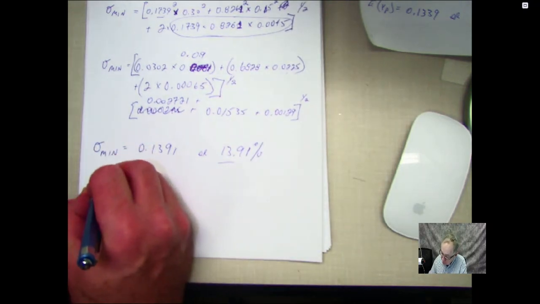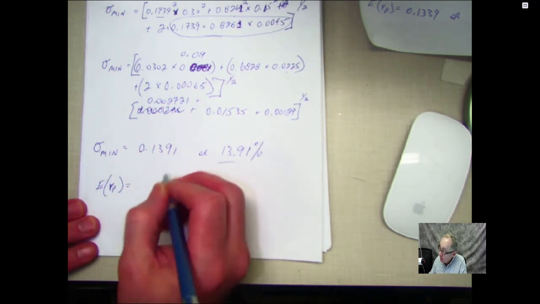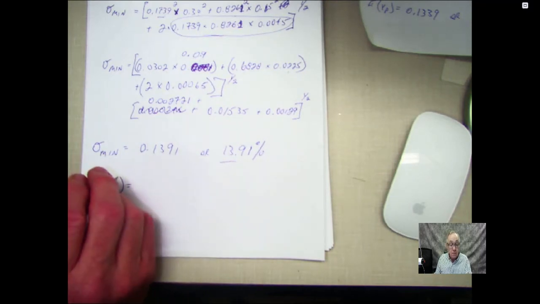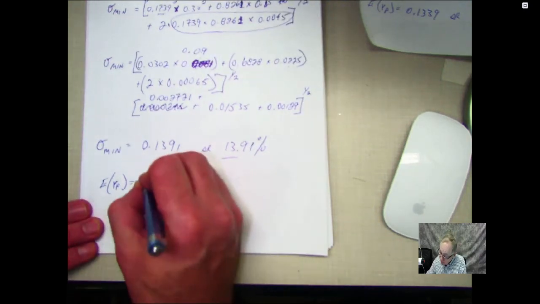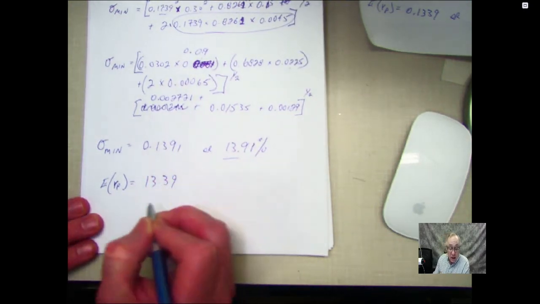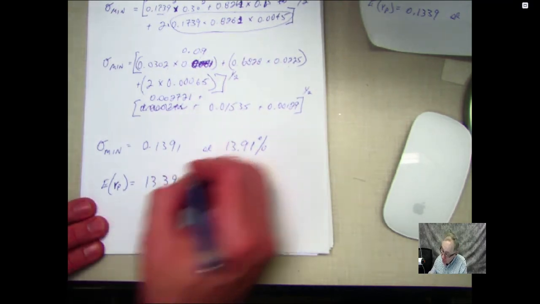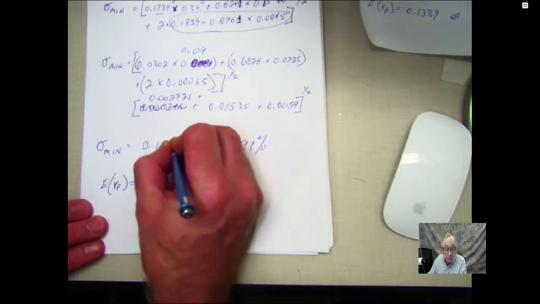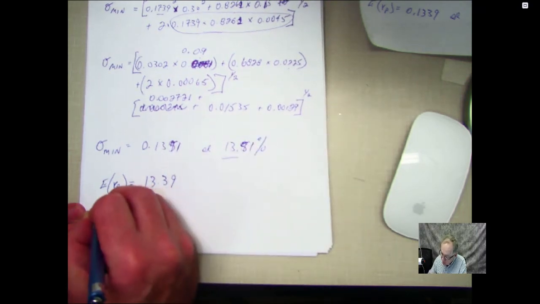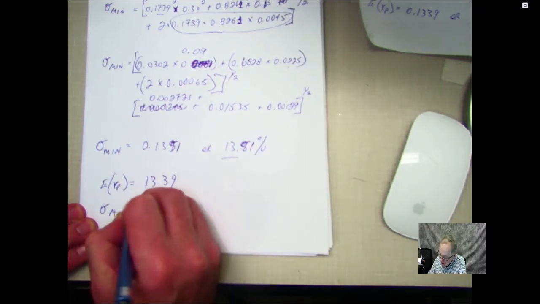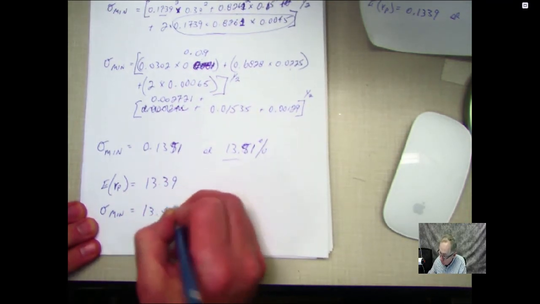So the expected return on the portfolio is 13.39%, and the standard deviation on the minimum risk portfolio will calculate through to 13.51%.